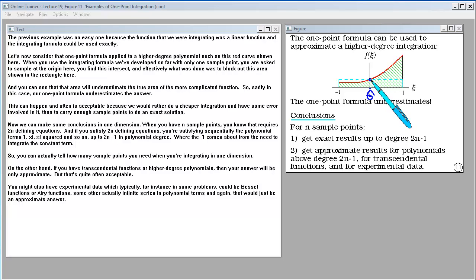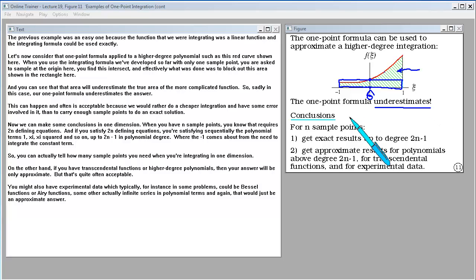You find this intercept, and effectively what was done was to block out this area shown in the rectangle here. And you can see that that area will underestimate the true area of the more complicated function. So sadly in this case our one-point formula underestimates the answer. So this can happen and often is acceptable because you would rather do a cheaper integration and have some error involved in it than to carry enough sample points to do an exact solution.